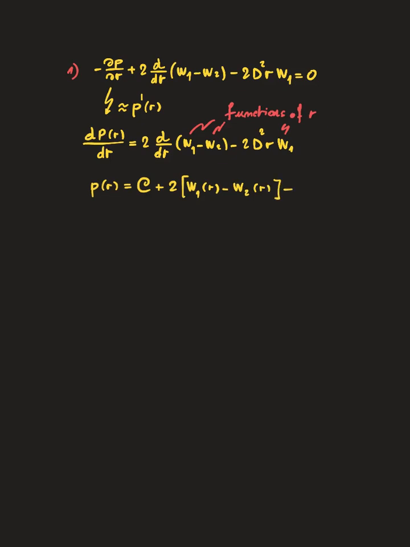And here I have to integrate and we have to decide from where, but in fact let me just write it generically, because I'm not specifying the boundary conditions actually. Let me just say this is simply the integral. Well, actually, you see here the 2d squared, this is a constant, I can shift it outside of the integral, so this becomes 2d squared, and here I have the integral. I should use R, but in fact, to stress the fact that this is an independent variable, let me just use X. So it would be X times W1 of X, dX.